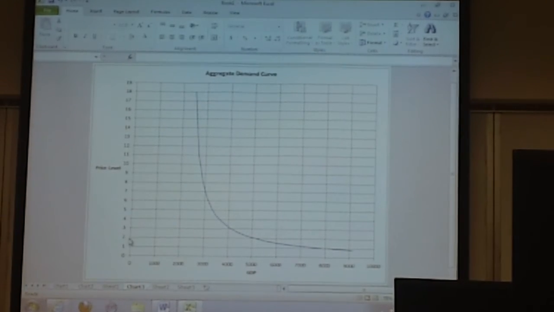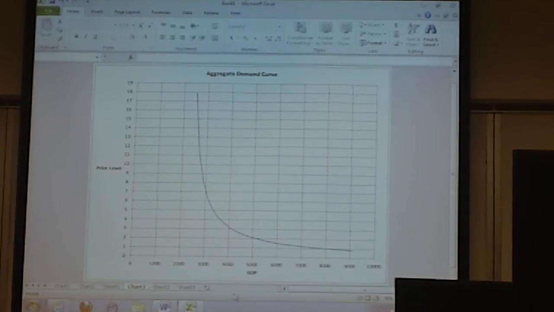And look what happens as the price level goes up. As the price level goes up, we get less GDP.